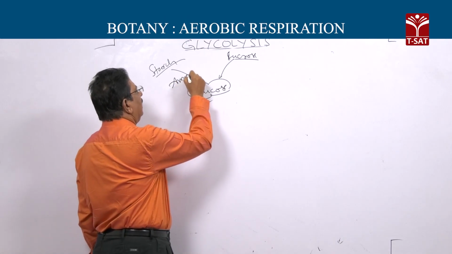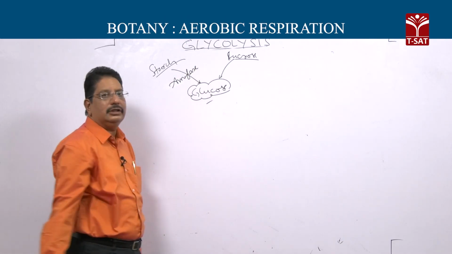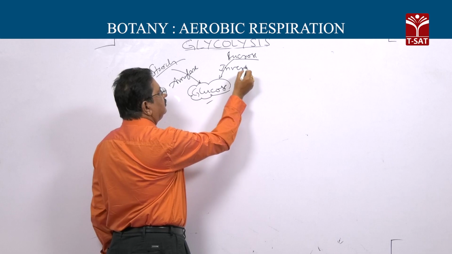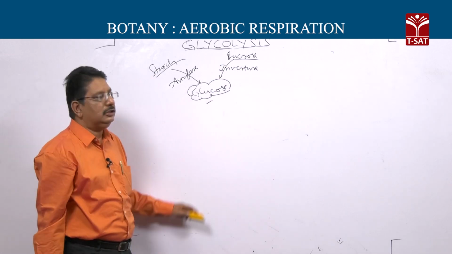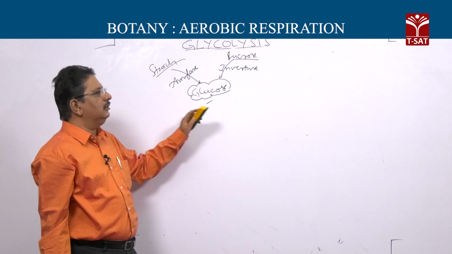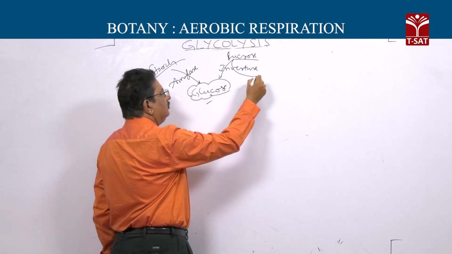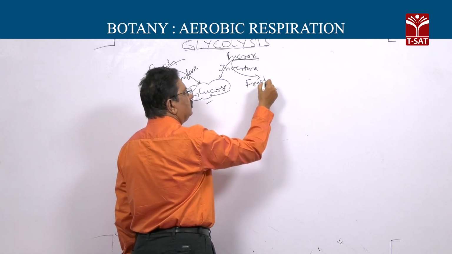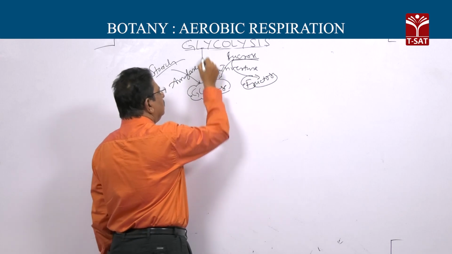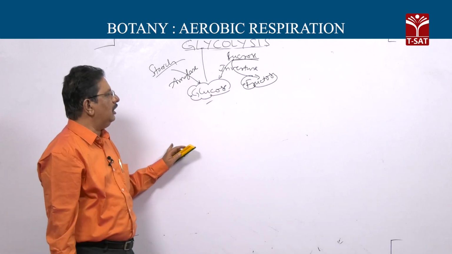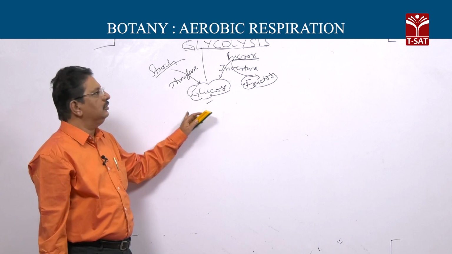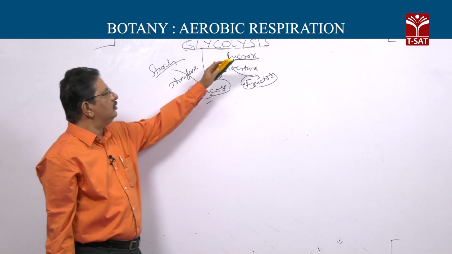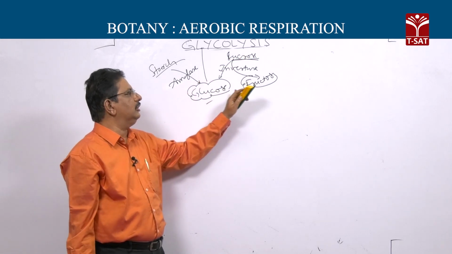Generally, amylases are involved in the digestion of starch, whereas invertases are involved in the conversion of the disaccharide sucrose into glucose and fructose. So, before the actual oxidation of glucose, there is a digestion. Starch converts into glucose, or sucrose is broken down into glucose and fructose.